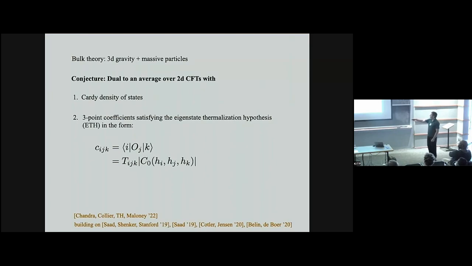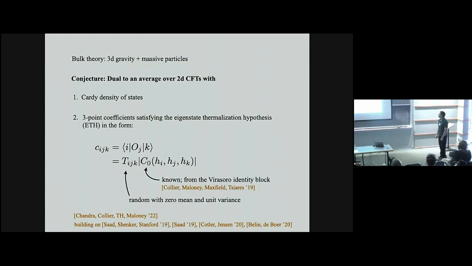So here, C_ijk labels a 3-point function of 3 primaries. ETH says that this is random in the sense that I'm going to separate it into 2 terms. The first one is a random tensor T_ijk that has 0 mean and unit variance. The second is this function C_0, which is a known variance that's calculated from the Virasoro identity block.